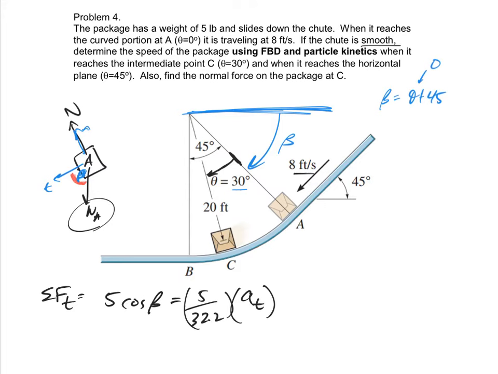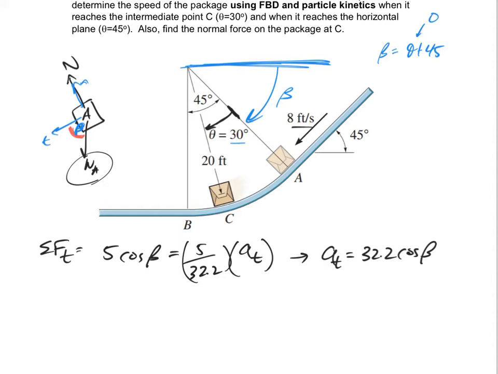All right, so I have my acceleration in terms of beta. That's interesting. So I know it starts at 8 feet per second. Maybe I can use the acceleration to find what it ends at. And that's exactly what I'm going to do. And that is not a constant acceleration, right? That is changing. It has a beta, so that's acceleration in terms of beta.